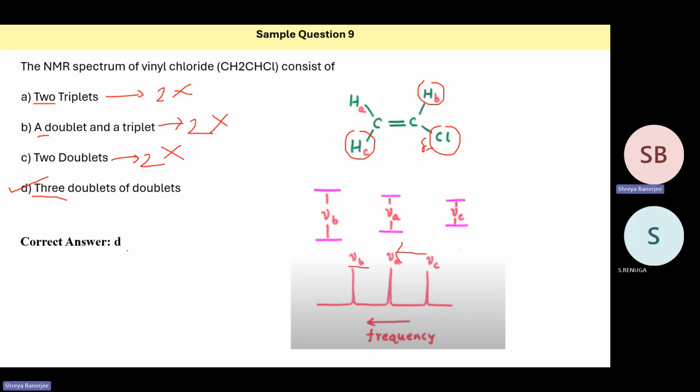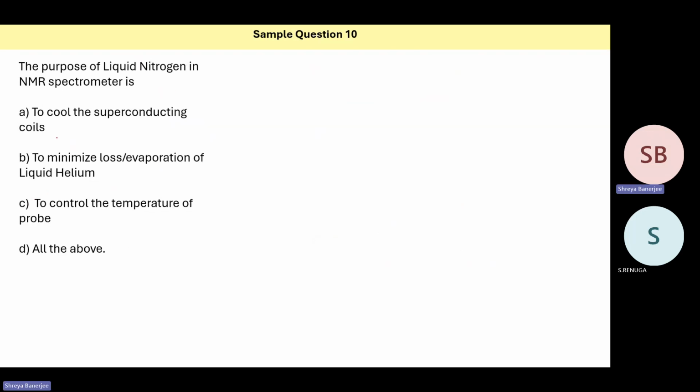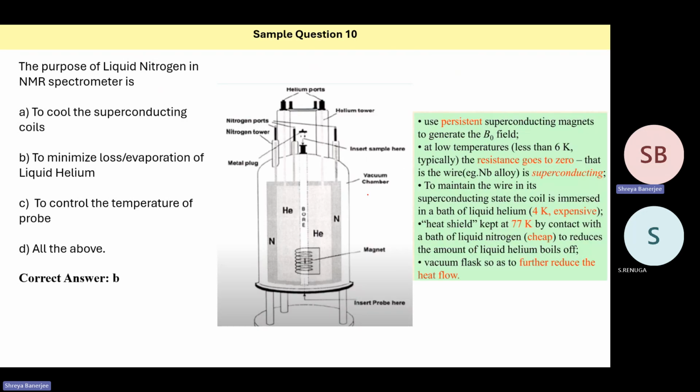That is option D. And finally, this is just an instrumentation question where it is asked what the purpose of liquid nitrogen is in an NMR spectrometer. We have seen in the previous class that liquid helium is there in order to bring the temperature to 4 Kelvin and cause the magnet to be superconducting. But liquid helium is very expensive.